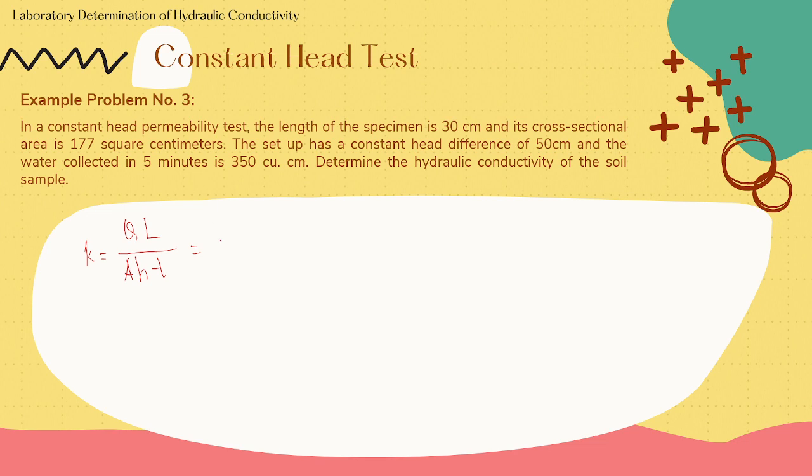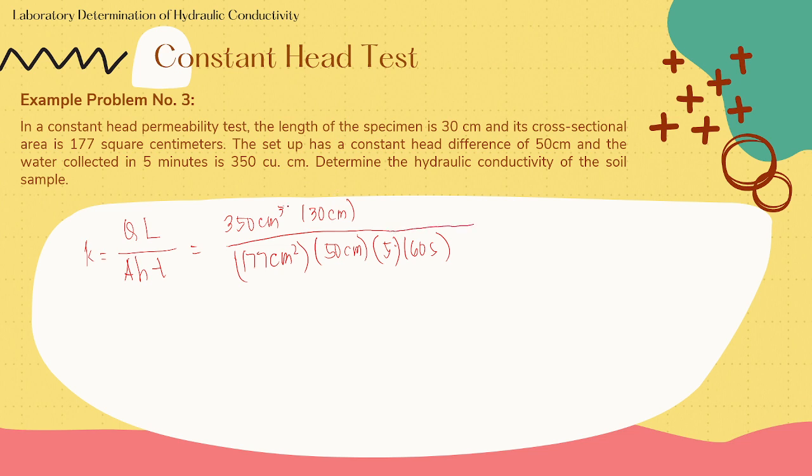Our volume is 350 cubic centimeters times the length of the specimen, 30 centimeters, over the cross-sectional area, 177 square centimeters, times the constant head, which is 50 centimeters, and the time T, 5 minutes times 60 seconds.